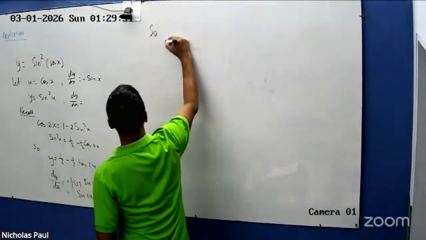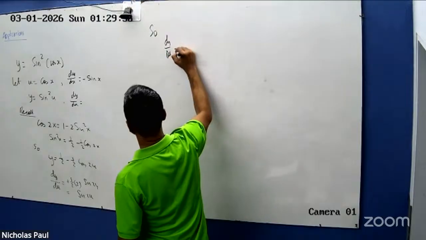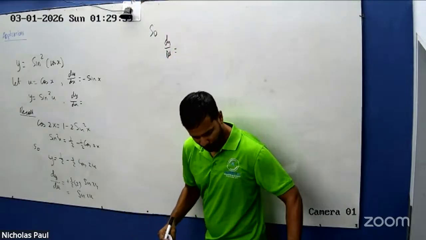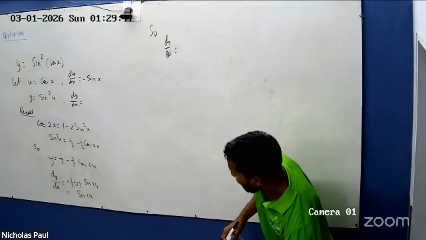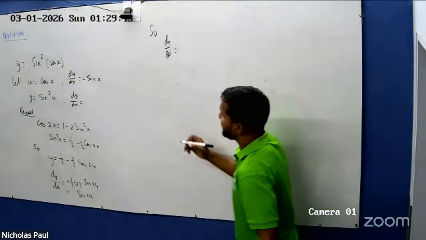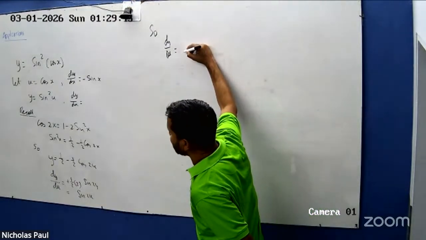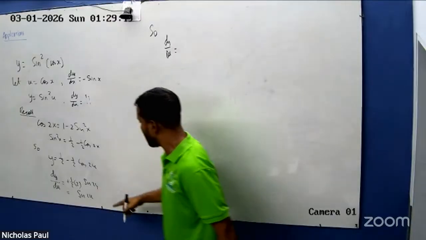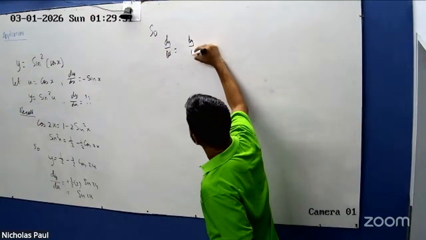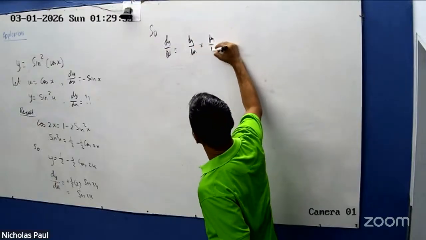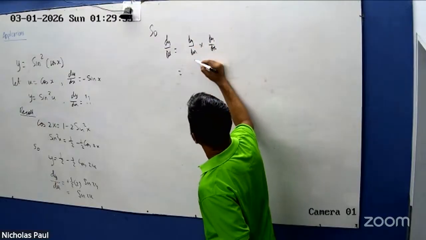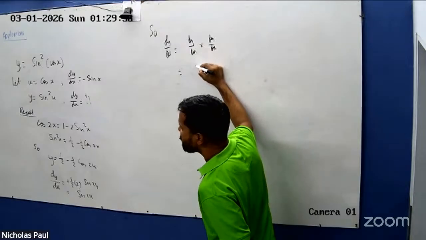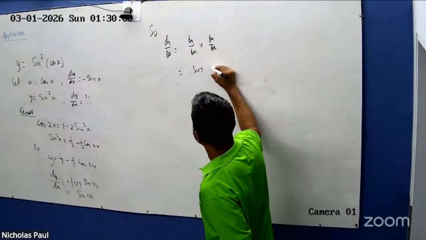So by chain rule, dy dx is equal to dy du multiplied by du dx. dy du was sine 2u, and du dx was minus sine x.